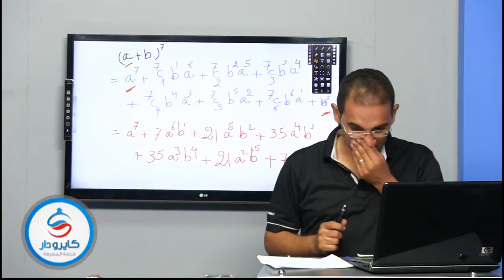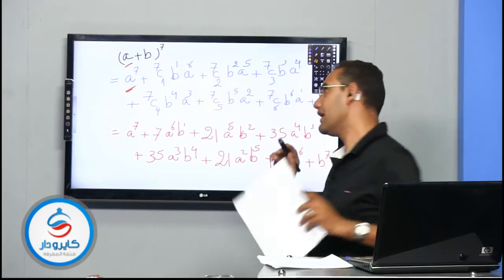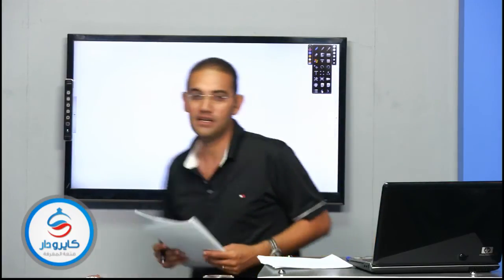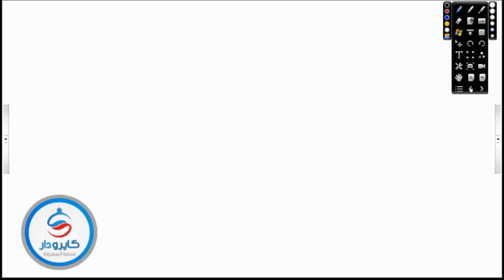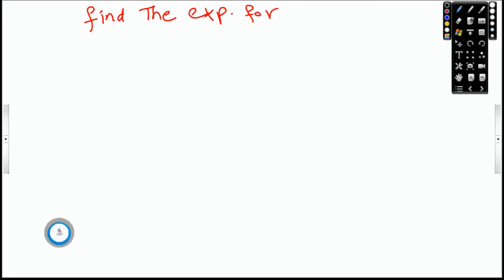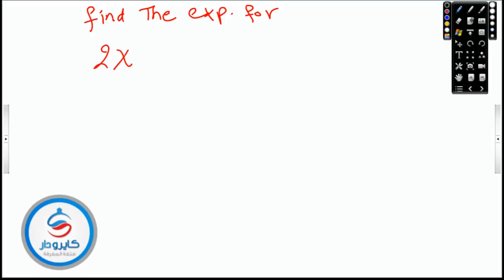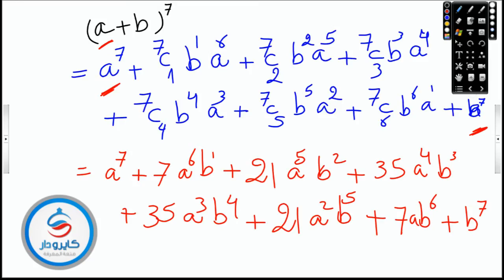Let's take another problem with a common number or common symbol. Find the expansion for (2x minus 1 over x) power of 7. This is very important because we want to say a small thing about it. In the previous problem, the middle sign is positive, so all terms will be positive.